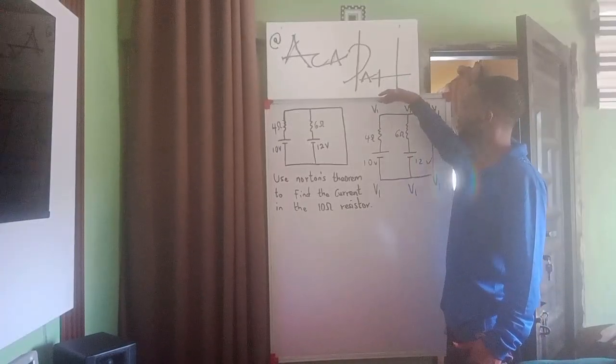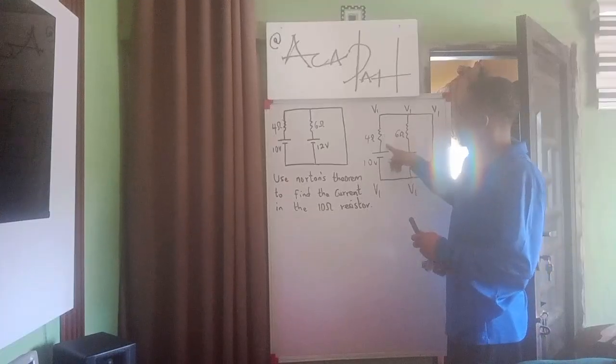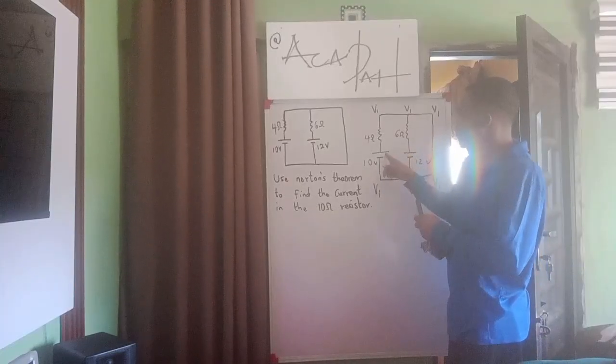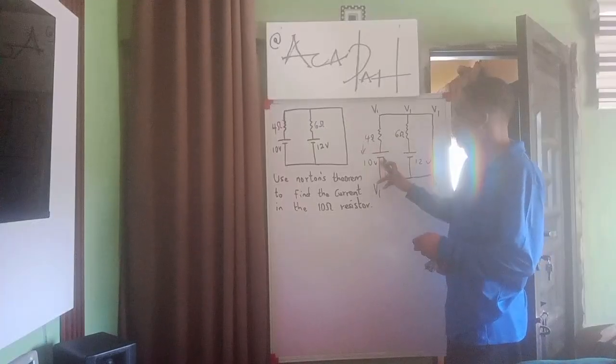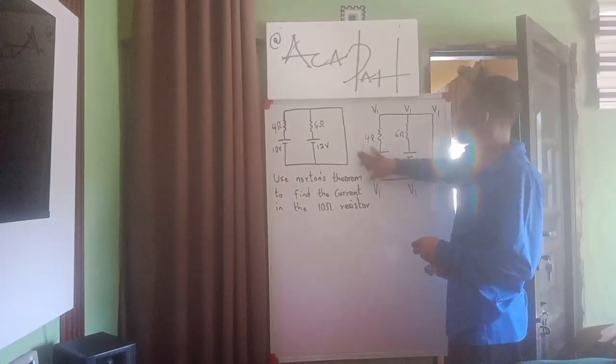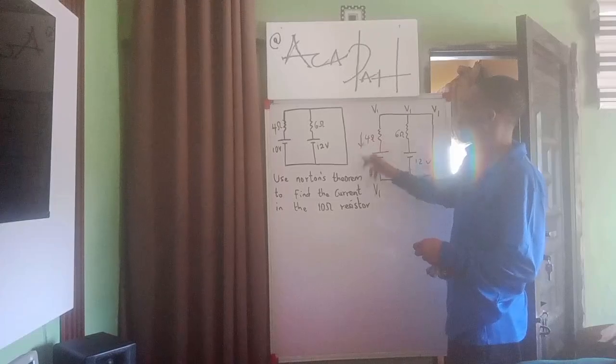So looking at this voltage, we have positive and negative. Current enters through the positive and leaves through the negative. So it simply means that the current on this 4 ohm resistor is going downwards.